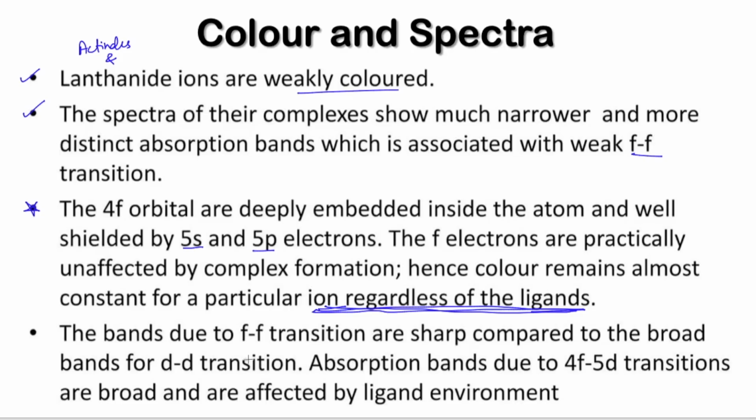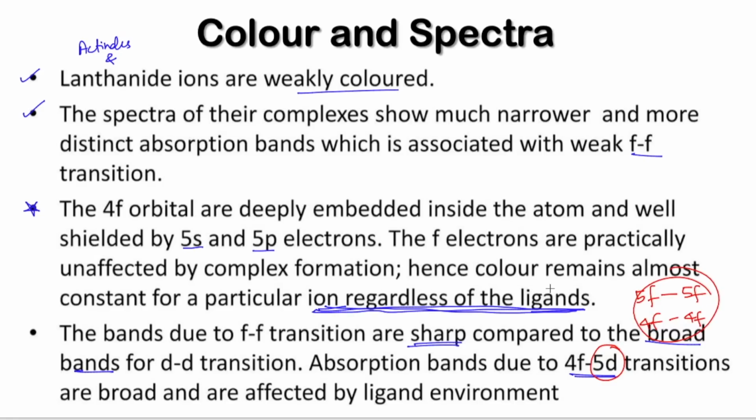The next thing says that the bands due to FF transitions are sharp, compared to the broad bands of DD transitions. So the FF transitions happening in F block elements are sharp, whereas DD transitions give you broad bands. Absorption bands due to 4f and 5d transitions are also broad and are affected by the ligand environment. Wherever D orbitals come in, the transition will be affected by the ligand environment, unless you have only F orbitals, like in FF transitions. Whether it is a 5f-5f or a 4f-4f transition, in both cases they are not going to be affected by the ligand environment, and they are going to be sharp.